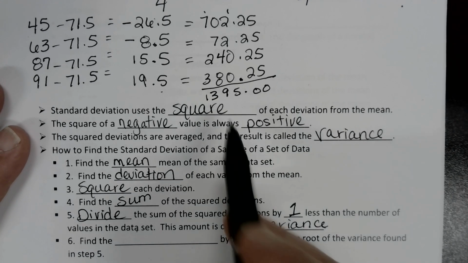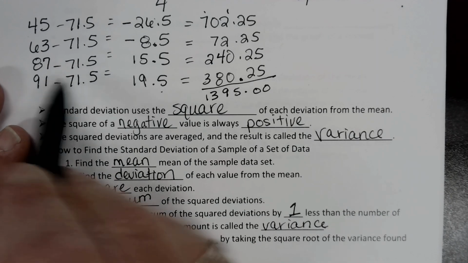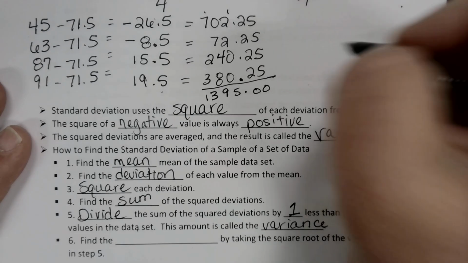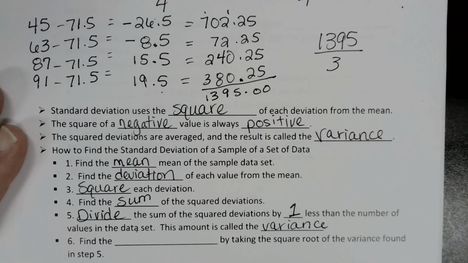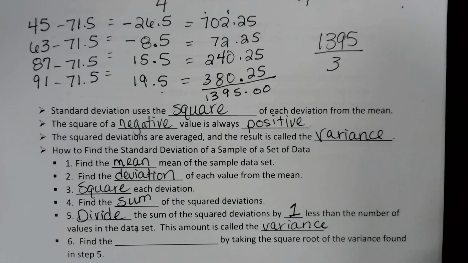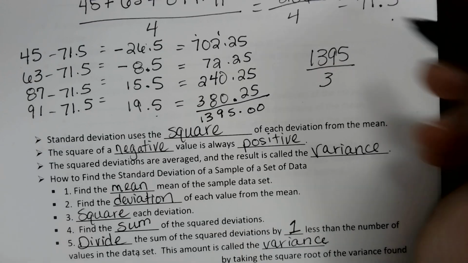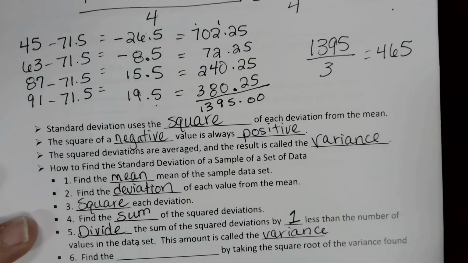We had 4 numbers in the data set, so we're going to divide 1395 divided by 3. And we get 465. All right.